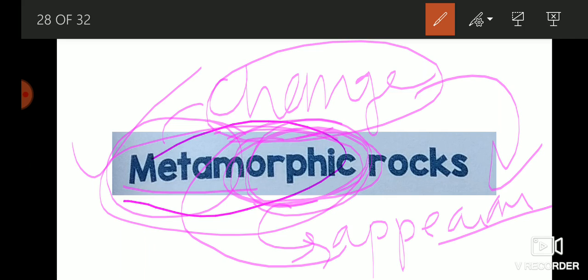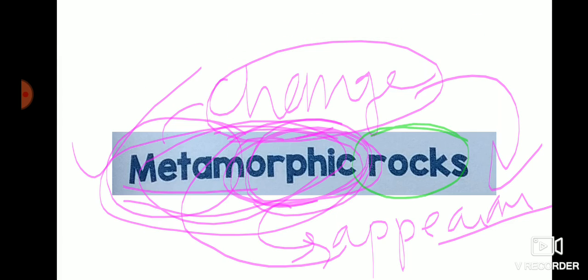So when a change in the appearance of the rocks takes place, then only these metamorphic rocks are formed. Metamorphic rocks are nothing but the modified version of igneous rock and sedimentary rock. So let us discuss how they actually form.